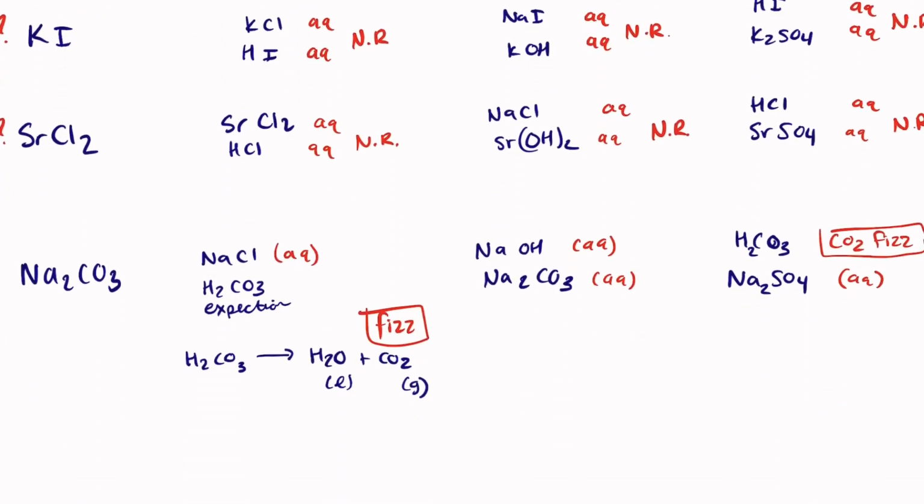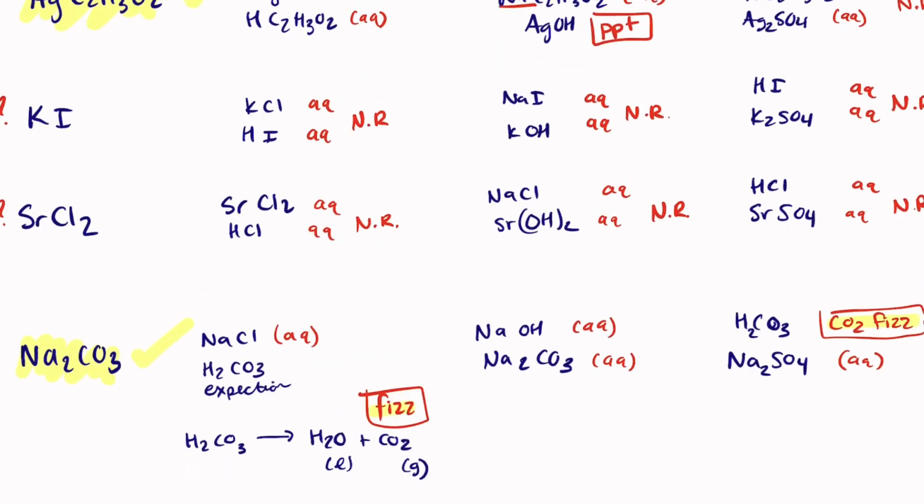And then sodium carbonate is going to be the only one where I ran into H2CO3 to give me fizz. And so there, that's actually going to be a unique combination with fizz, no reaction, and then fizz. So I've got 3 of them, and that's pretty good if you cross them in the lab and you get about half of them.